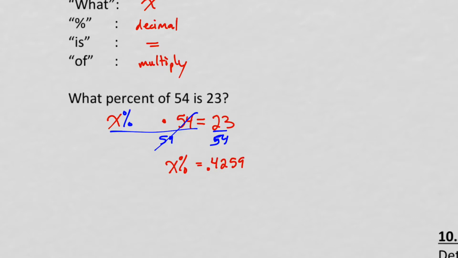So most people would see the x and say, okay, that's our number, but this is a percentage. So I have my little reminder or sticky note here saying that my x is a percentage, so I have to convert this to a normal x, and that means I need to multiply by 100, and so my final answer is a percentage, 42.59%.